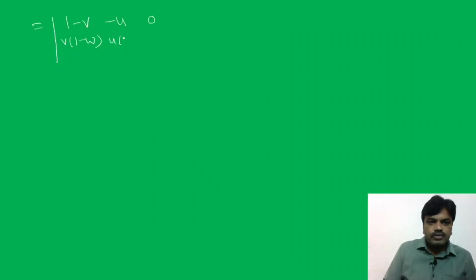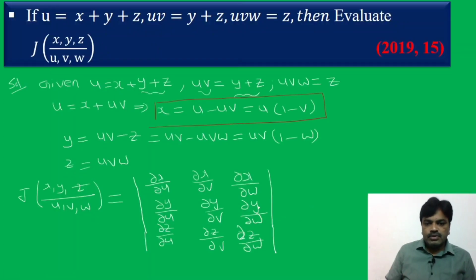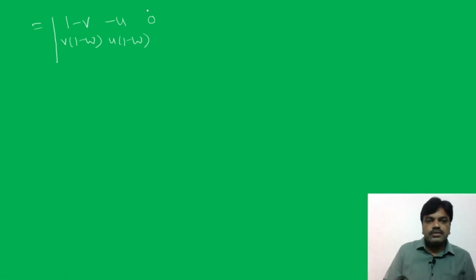Dou y by dou w: here with respect to w, u and uv are constant, so the first part is 0, the derivative of w is 1, so we get minus uv.